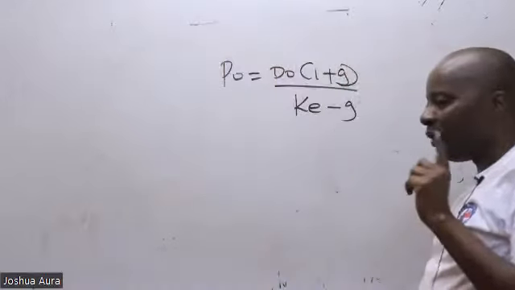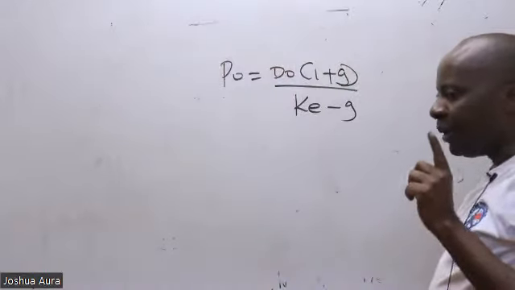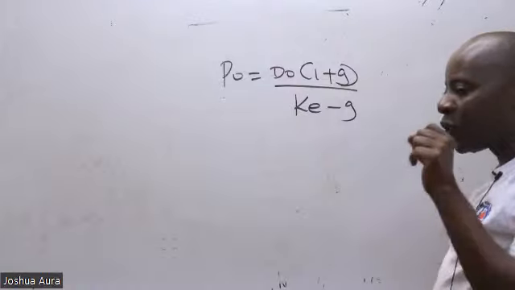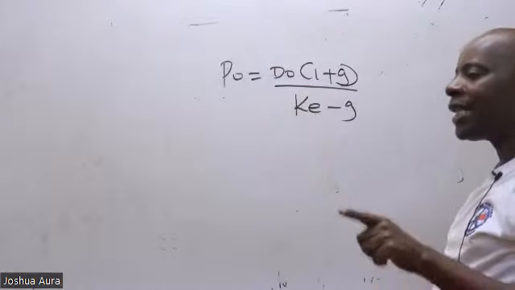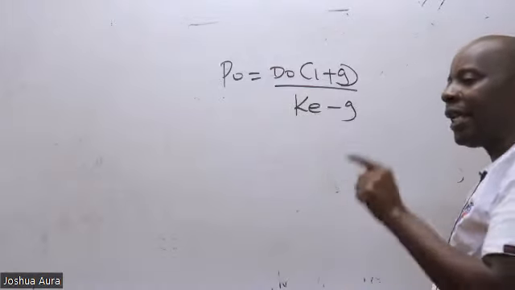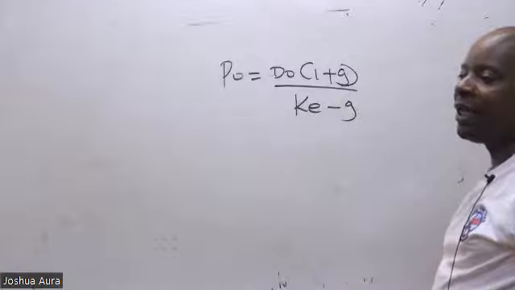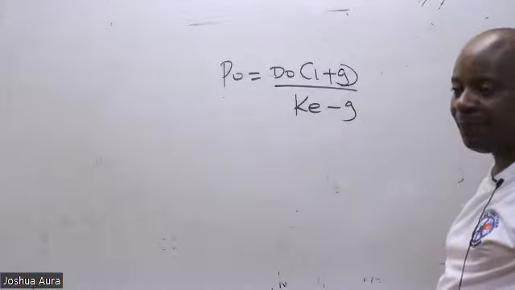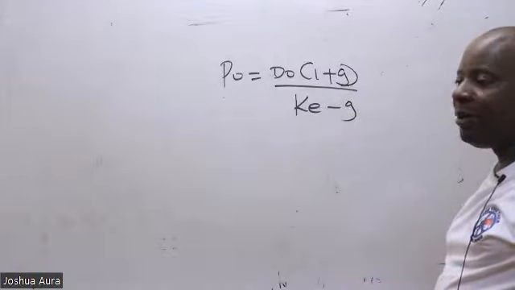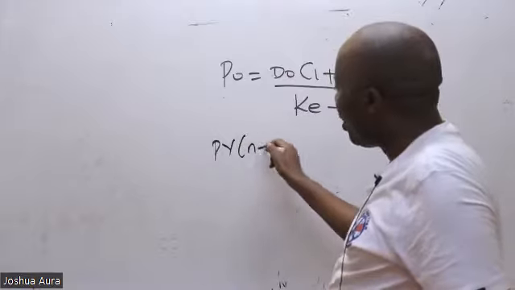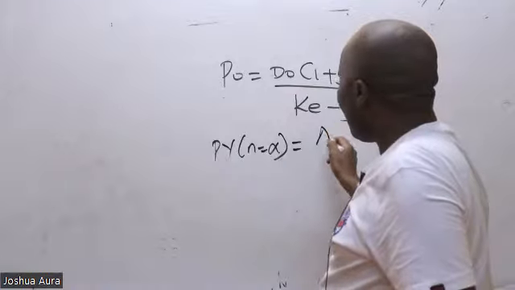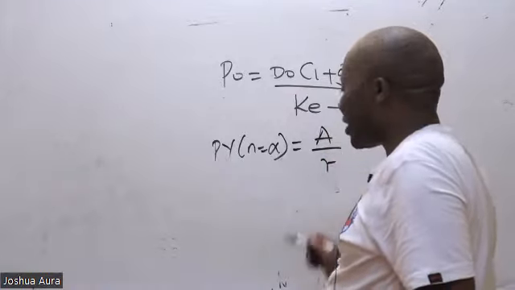Remember this share that you're buying today, you're going to be getting dividends. And the dividends are indefinite. Because they're indefinite, this is the formula we are using here, that present value, when N is infinity, equals amount over R.